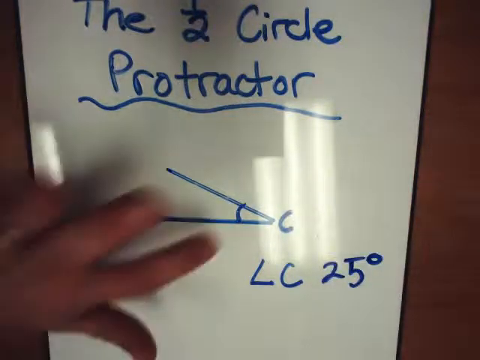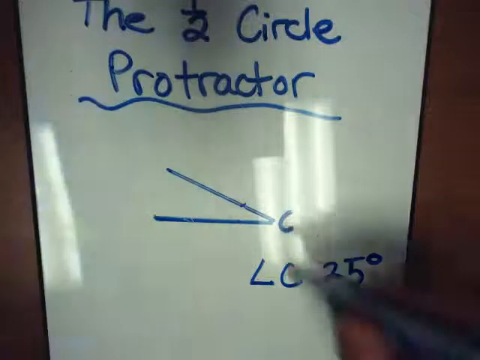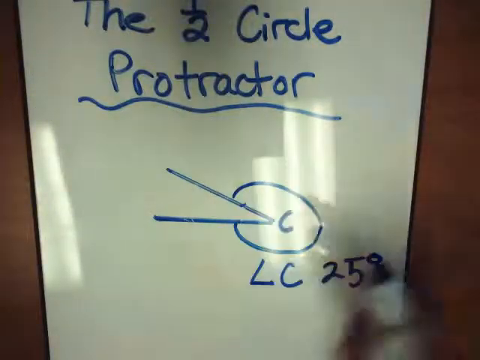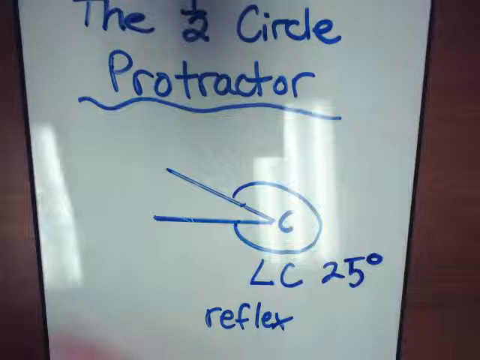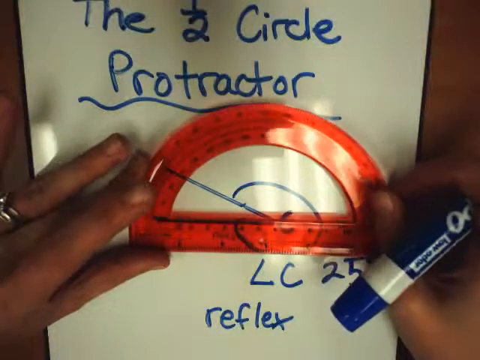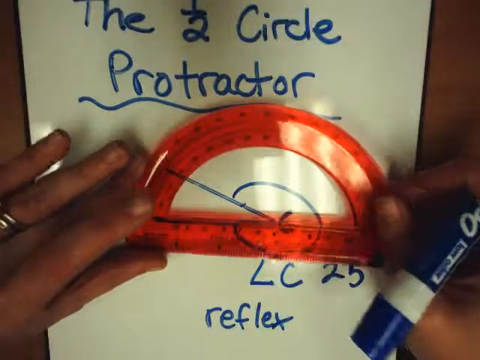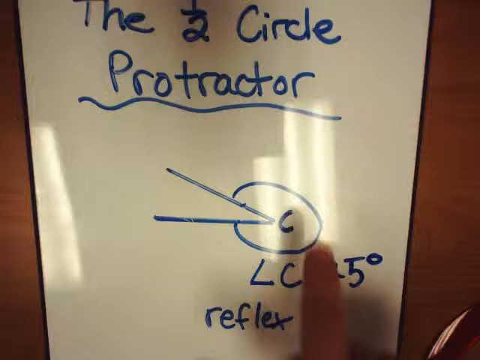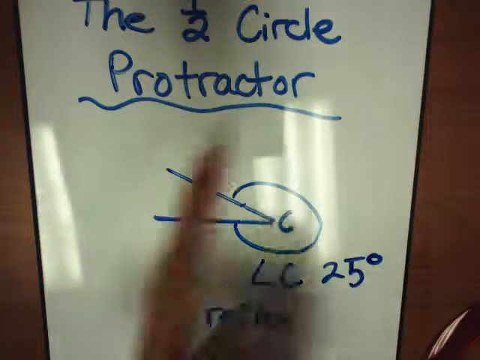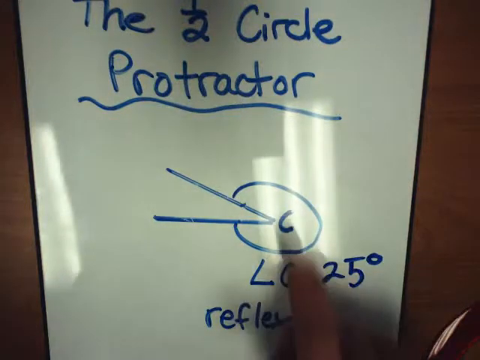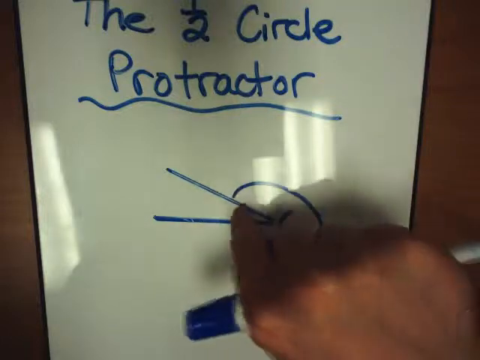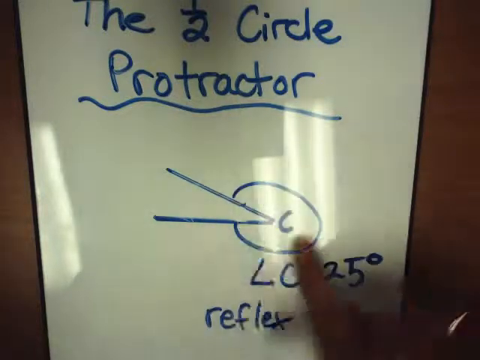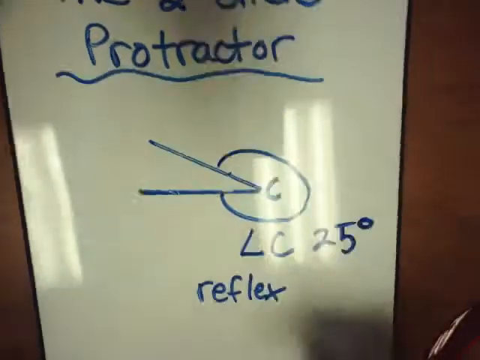So let's say I wanted to measure this reflex angle. Can I do that with my half circle protractor? I can't, okay? So what do we know about the degrees of a full circle here? 360. So I need to take 360 minus 25, and that will get my reflex angle.